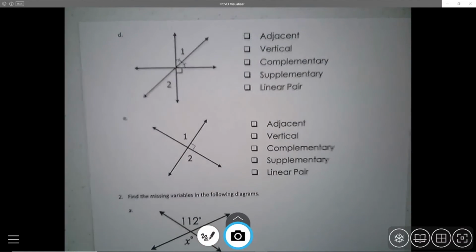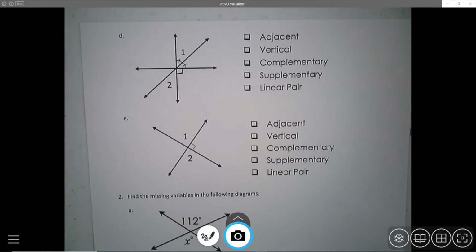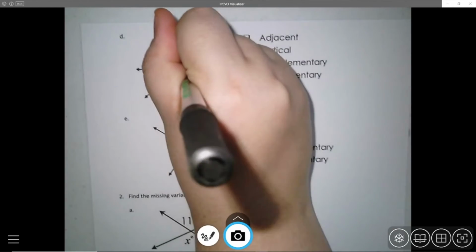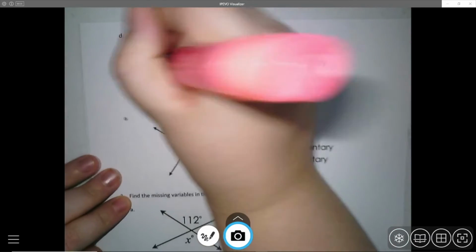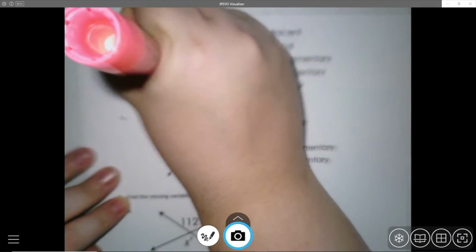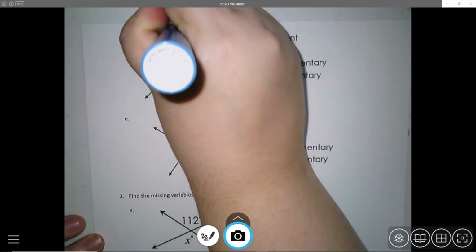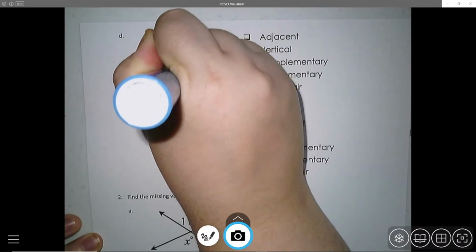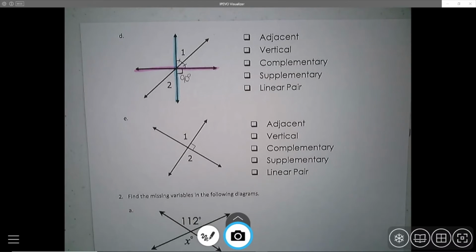Remember previously I talked about what lines create that box, because that box represents 90 degrees. If I think about the lines that touch the box, I get this one side to side that I highlighted in pink, and the other line that is touching it is this up and down that I highlighted in blue.